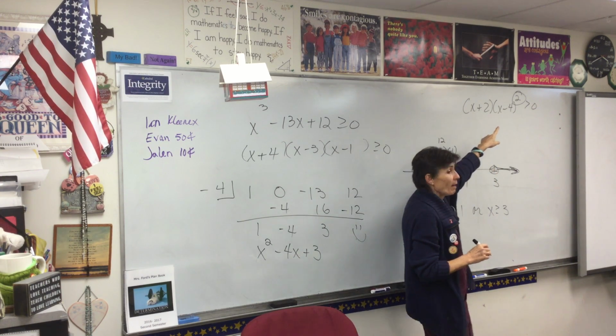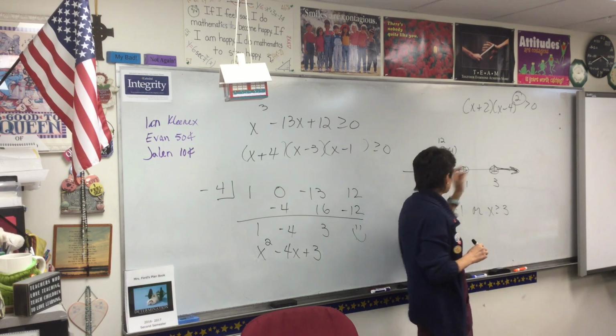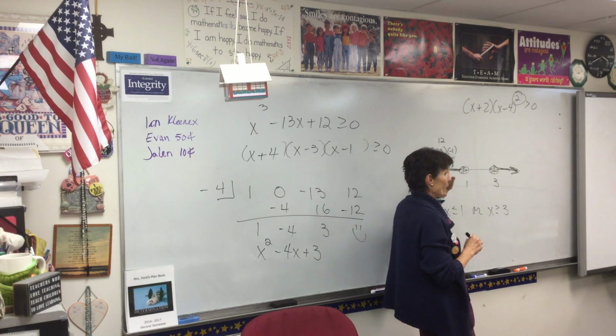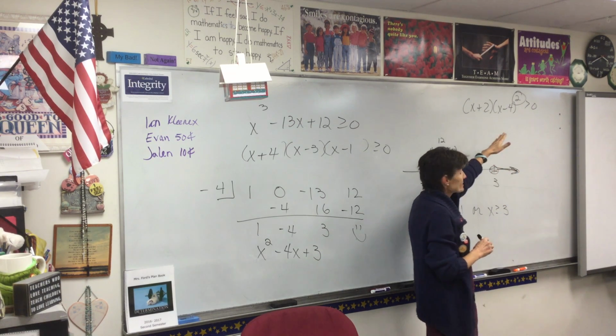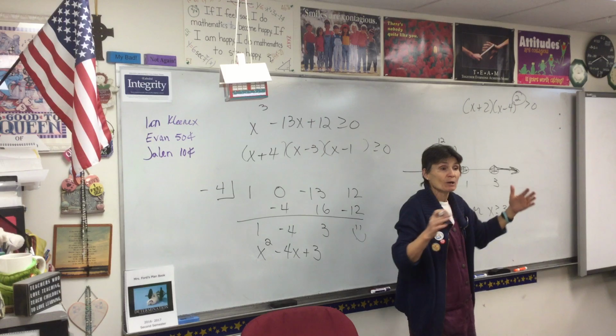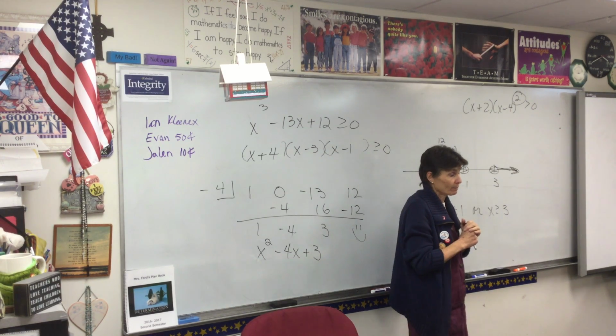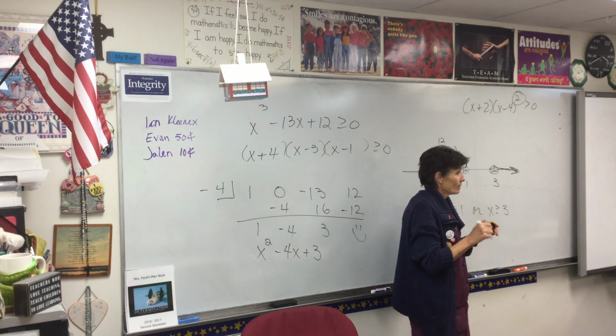So if the problem had a square, you would have to check a number here, check a number here, check a number here, check a number here. As long as there's no squared, you can get away with only checking one number.